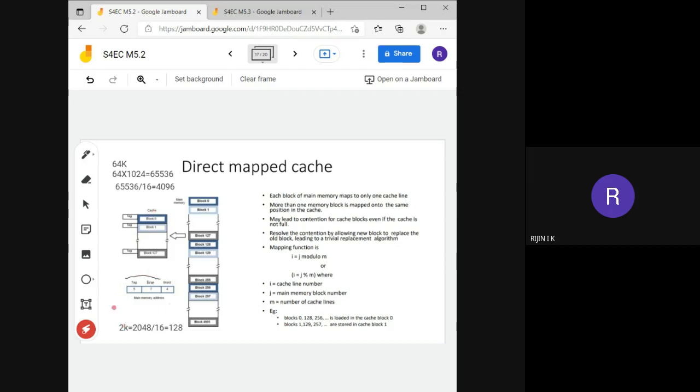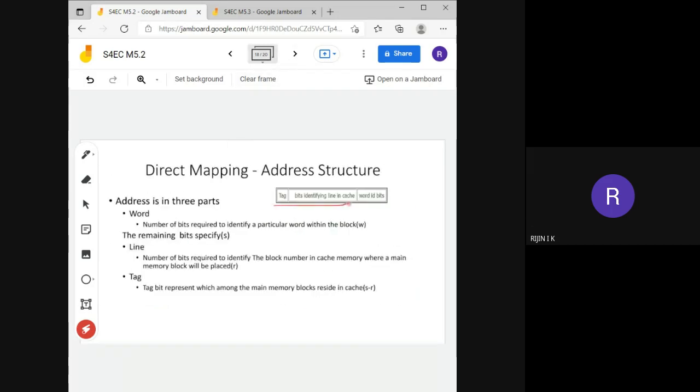Here in this example, the total size of the memory address is 16 bits. So that is what I have written here. The address is in 3 parts: the tag part, the bits identifying the line in cache, and the word identifying bits. Words are the number of bits required to identify a particular word within the block.